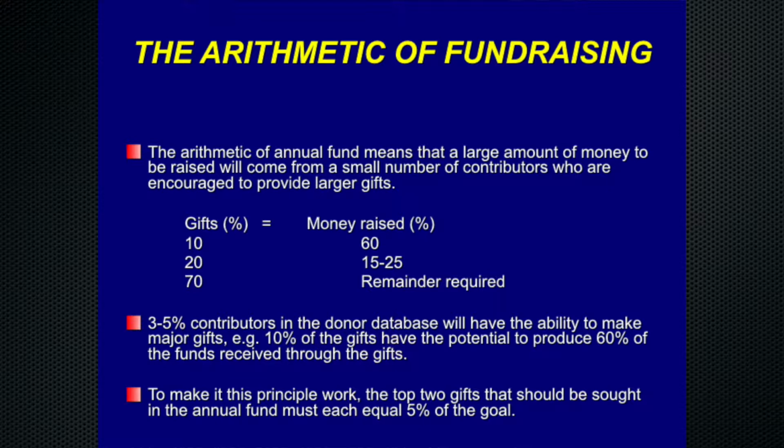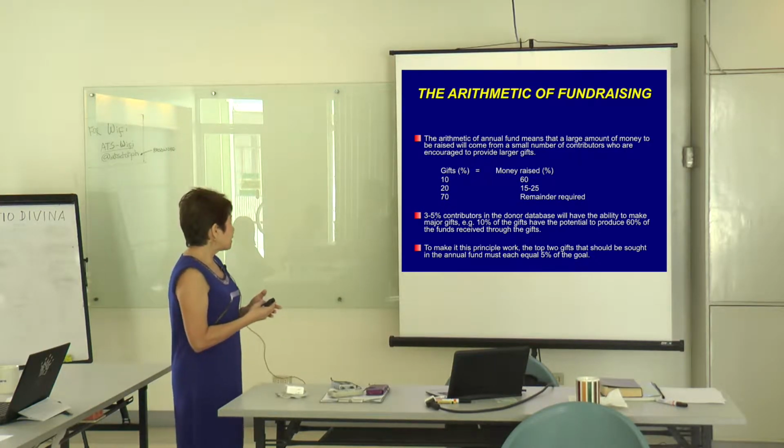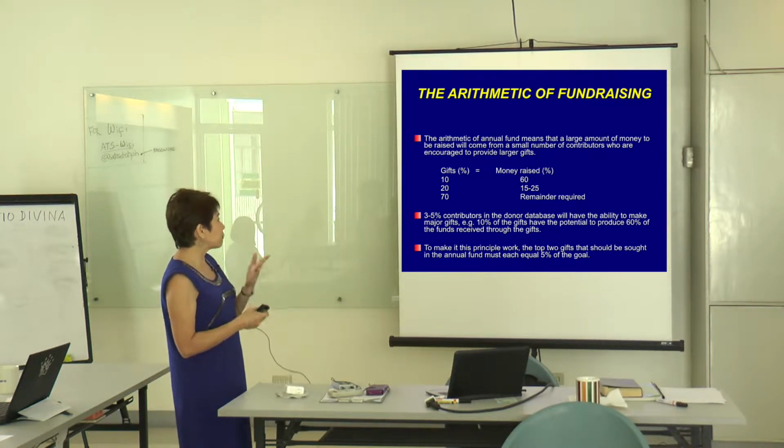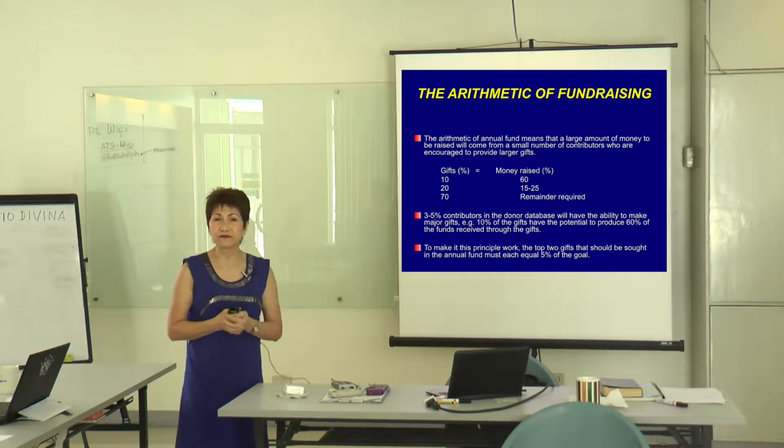Again, to make this functional, 3 to 5% of contributors in the donor database will have the ability to make a major gift. And this is a proven, tested concept that 10% of the gifts have the potential to provide 60% of the funds received through the gifts.